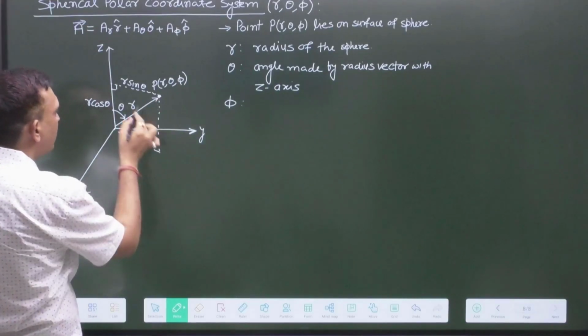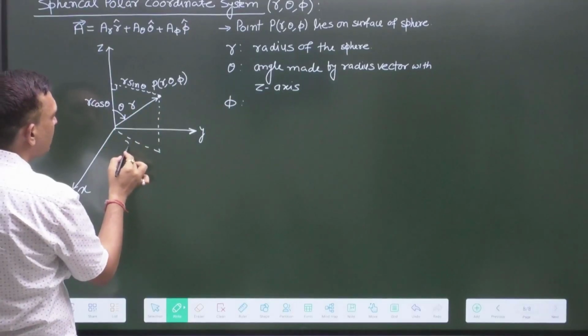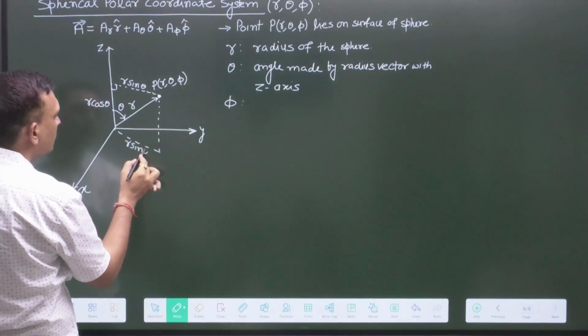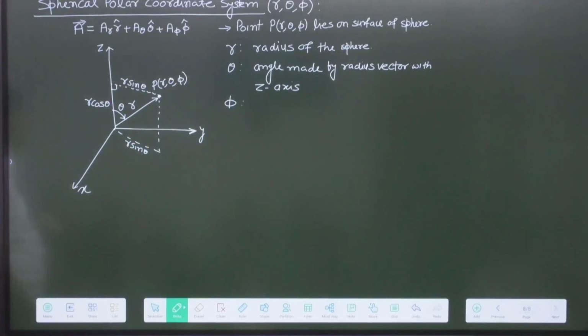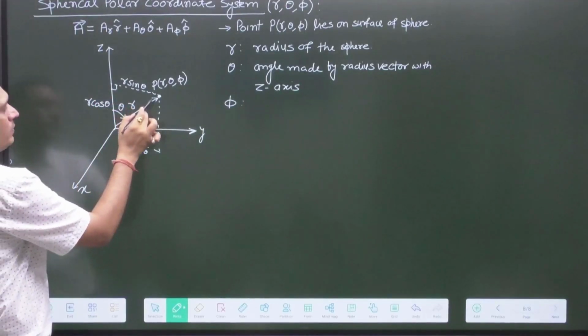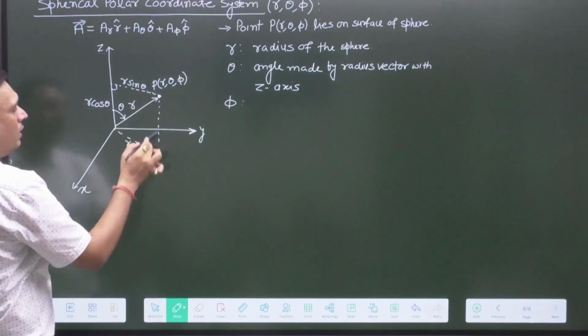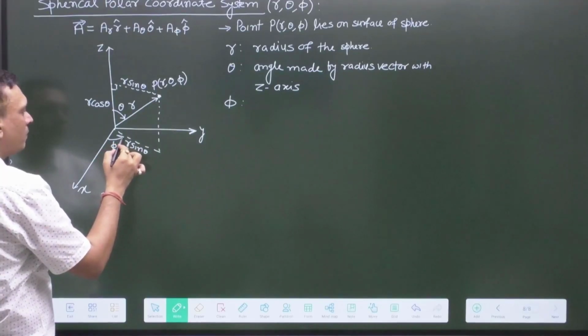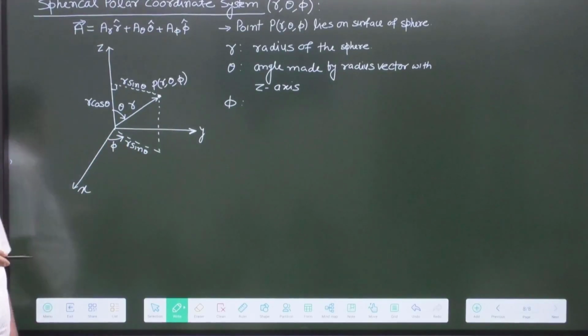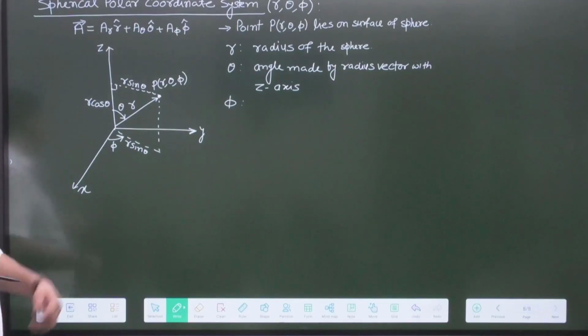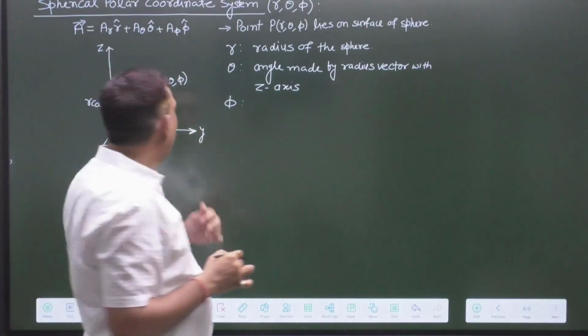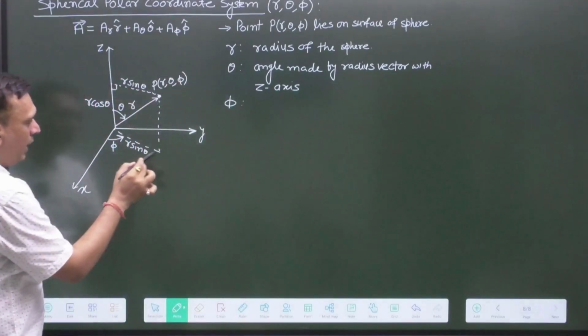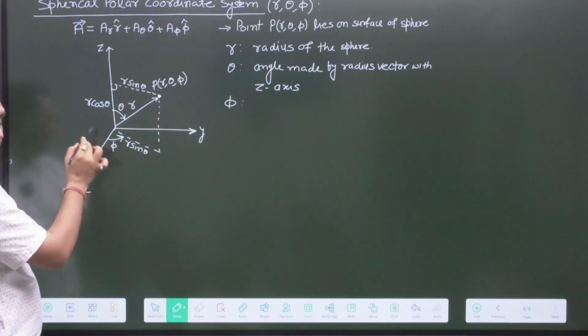This is parallel to z-axis and this line is parallel to r sin theta. Now you will get this plane. This plane makes an angle phi with x-axis, and this arrow shows the positive direction of phi. And this plane contains r cos theta and r sin theta.